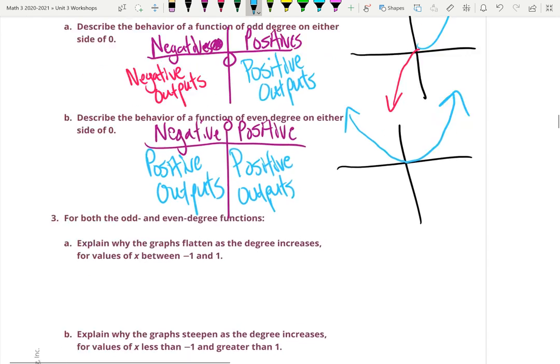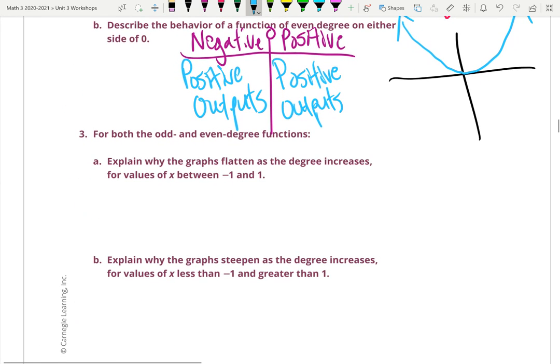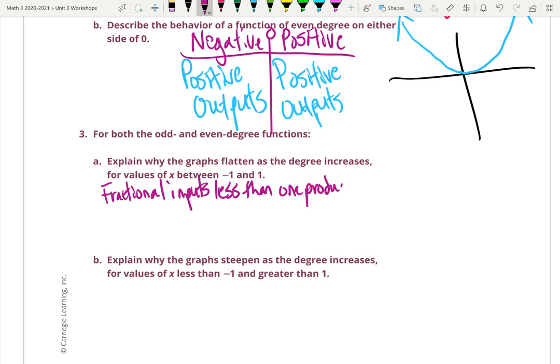Okay, for 3, both the odd and even degree functions: explain why the graphs flatten as the degrees increase for the values between -1 and 1. Fractional inputs less than 1 produce fractional outputs.